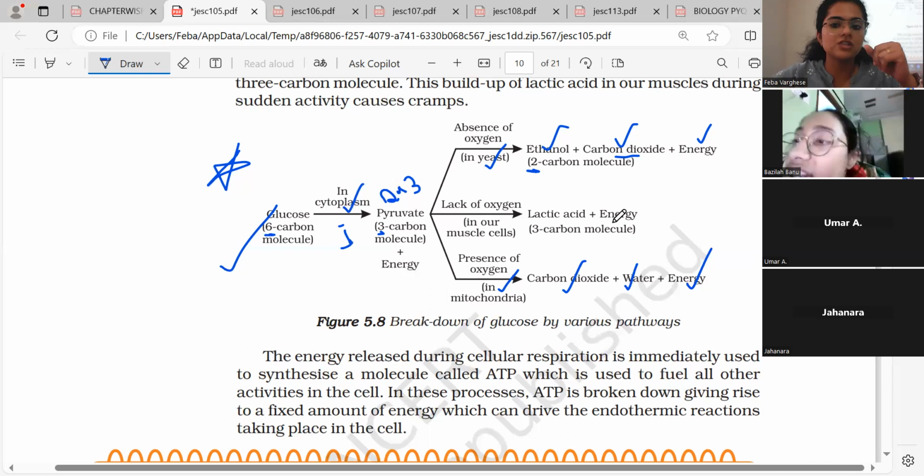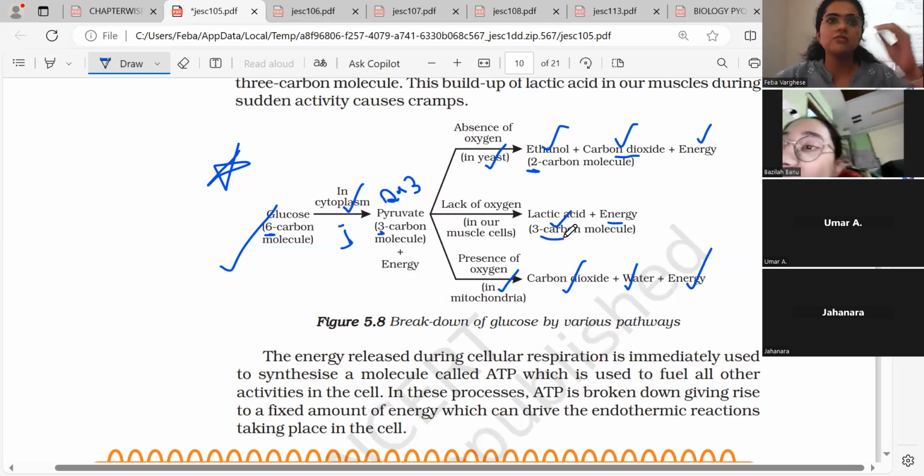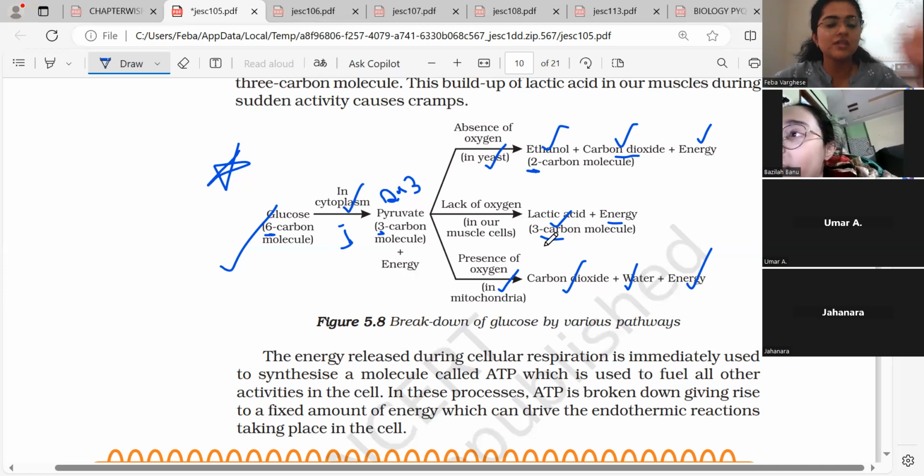Along with the energy, lactic acid also gets accumulated. If lactic acid keeps accumulating beyond a particular level, you will have muscle cramps. You won't be able to move that muscle. Then you will have to take rest, and only then will you be able to perform your activity. That's about lactic acid. Remember this. You're going to get application-level questions from this. Okay?